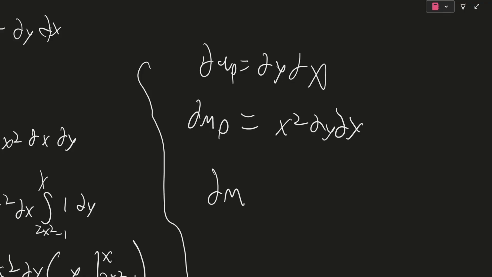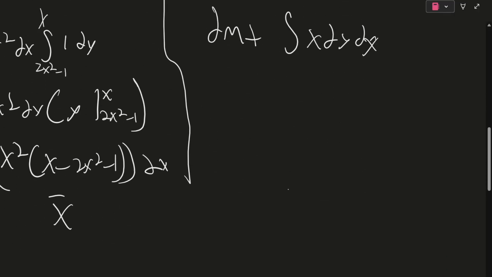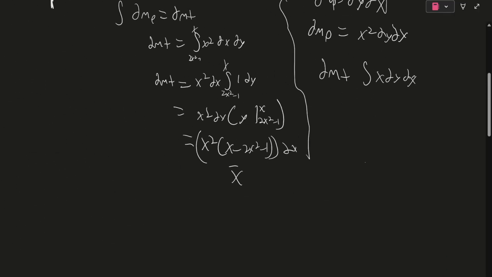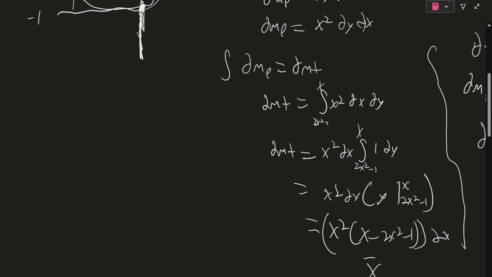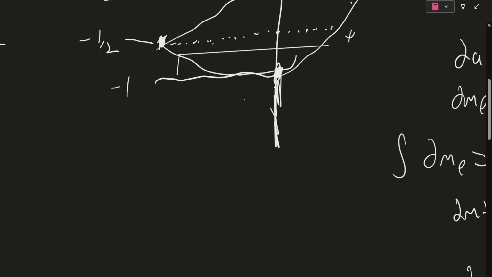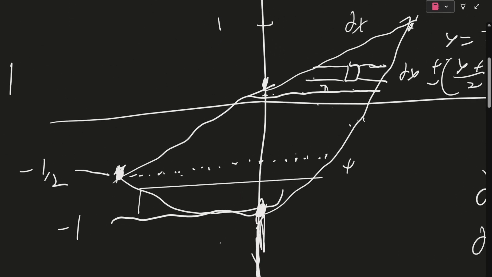And then we have our dm of the strip, which is going to be equal to the integral of x squared dy dx. And then what we just talked about is going to be what changes that integral around a little bit. Alrighty, so let's think about this.